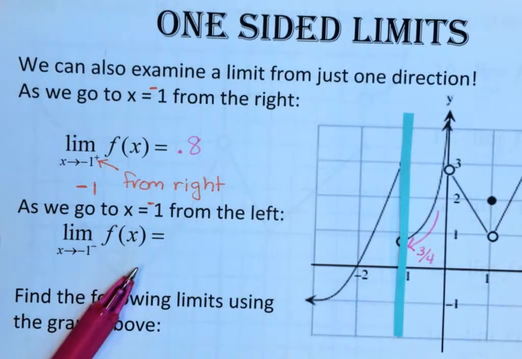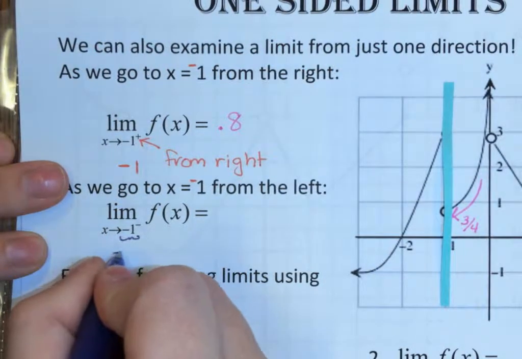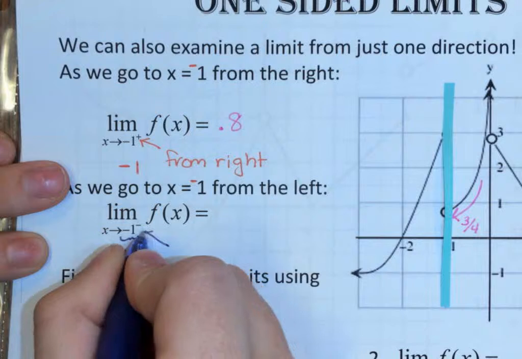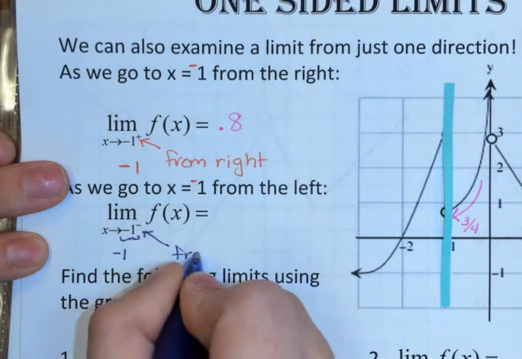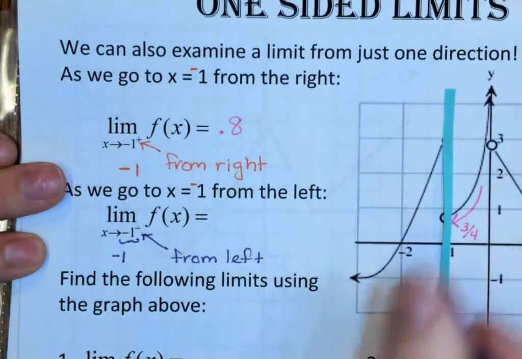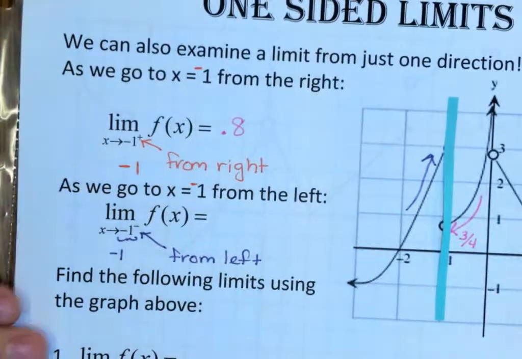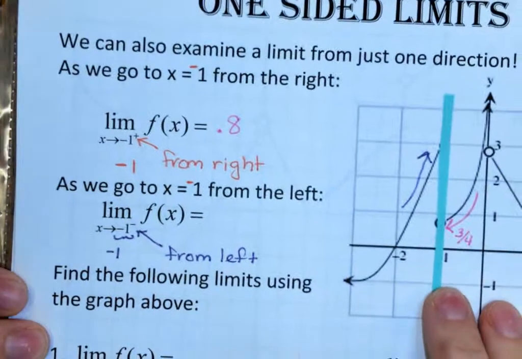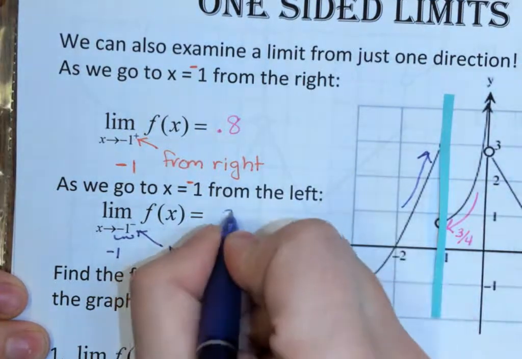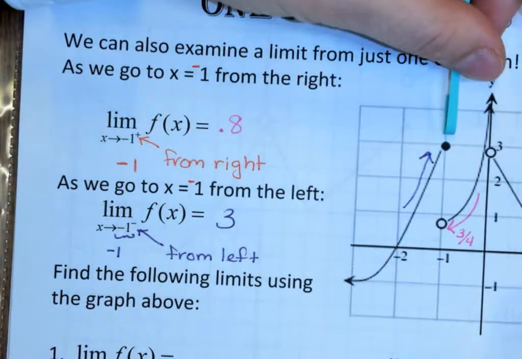Okay, so I'm going to look at that to be 3/4 or 0.8 or whatever you want. As I go to that value, you see this here still says -1, but that negative sign on the right-hand side means come at it from the left. So as I'm coming at -1 from the left, what does it actually look like? 3. Okay?